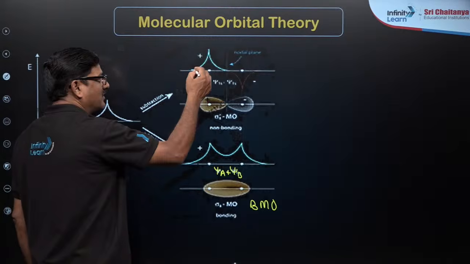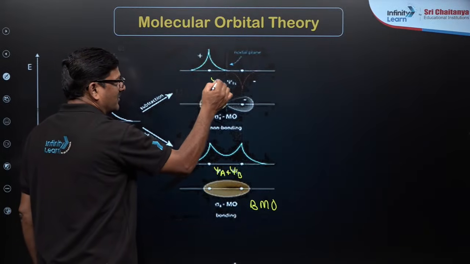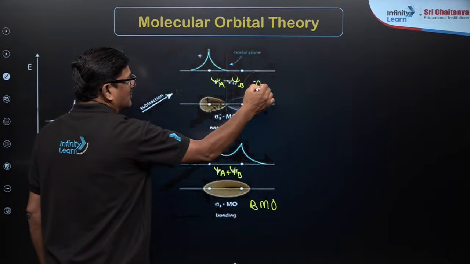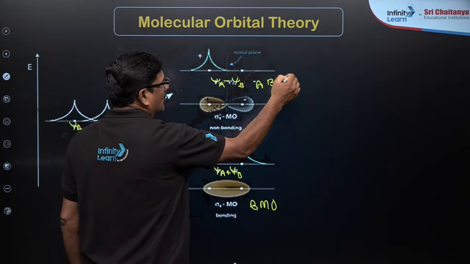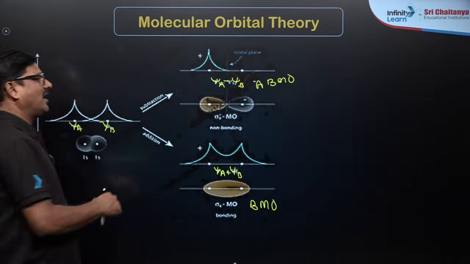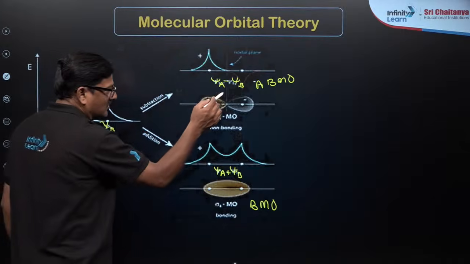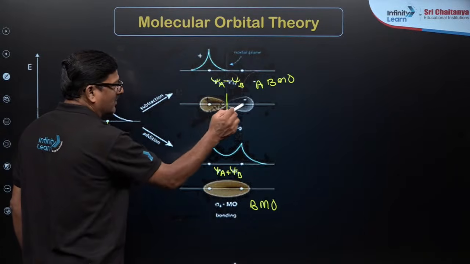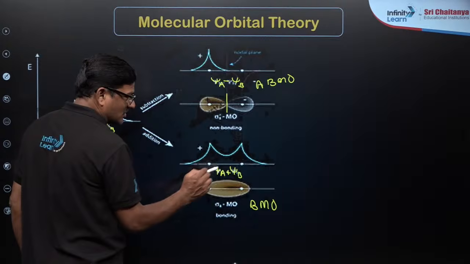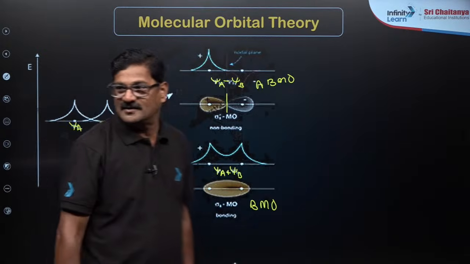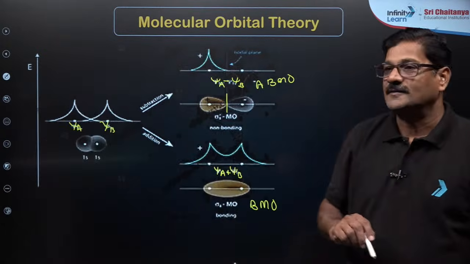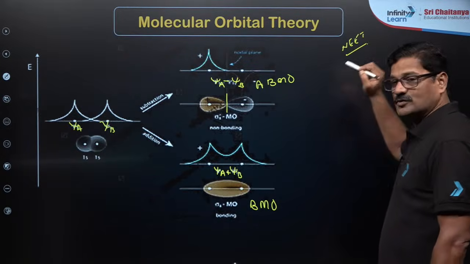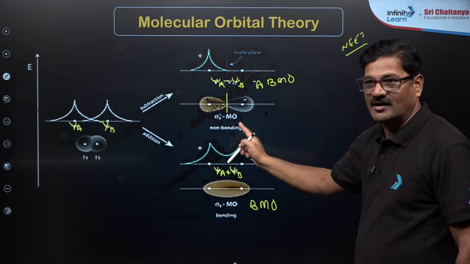When combined with destructive interference, that is psi A minus psi B, it gives rise to the anti-bonding molecular orbital. When an anti-bonding molecular orbital forms, a nodal plane forms between the orbitals, whereas in bonding there are fewer nodal planes. Understand? That's very, very important. So in the NEET examination, these wave mechanics based high level questions can be asked.